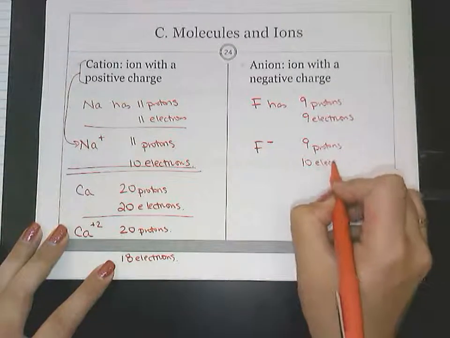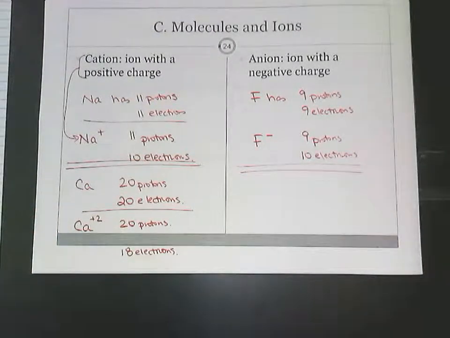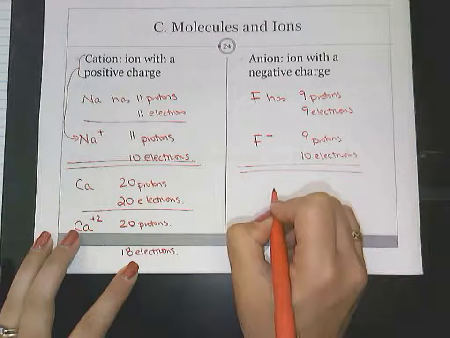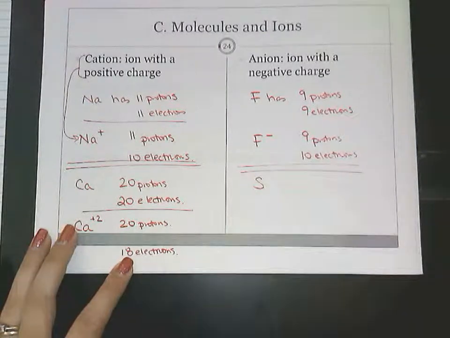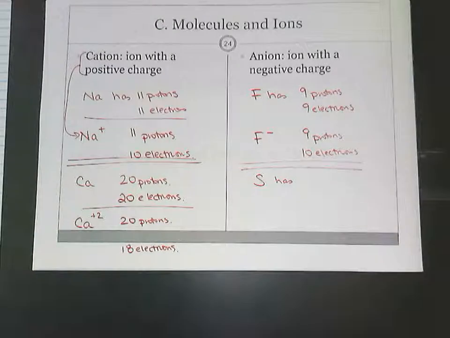Okay. What if I have, let's do sulfur. Let's say sulfur has, its atomic number is 16. So how many protons does sulfur typically have? 16 protons.